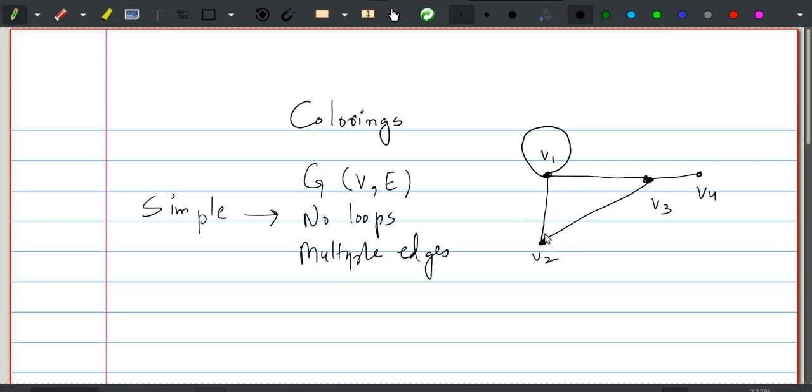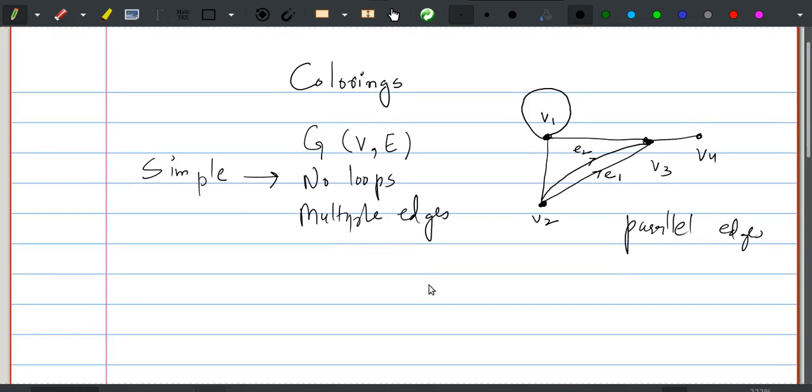Now between V2 and V3 we can draw this edge as well. So if this is edge E1 and this is edge E2, then these two edges E1 and E2 are what we call parallel edges. So we are considering here a graph which is simple.